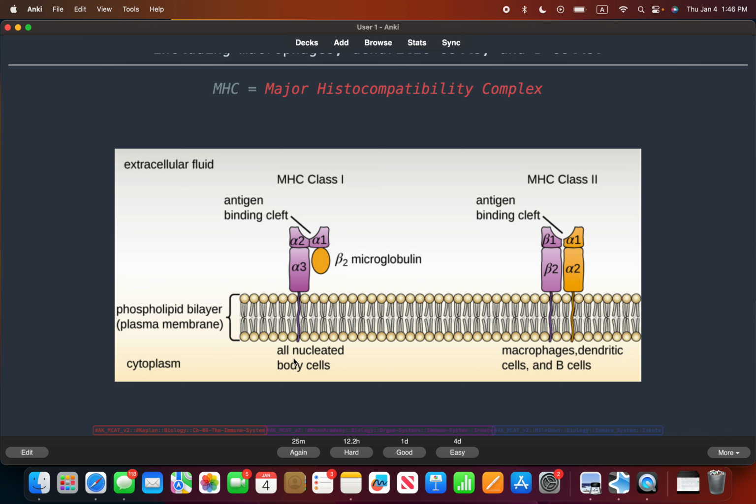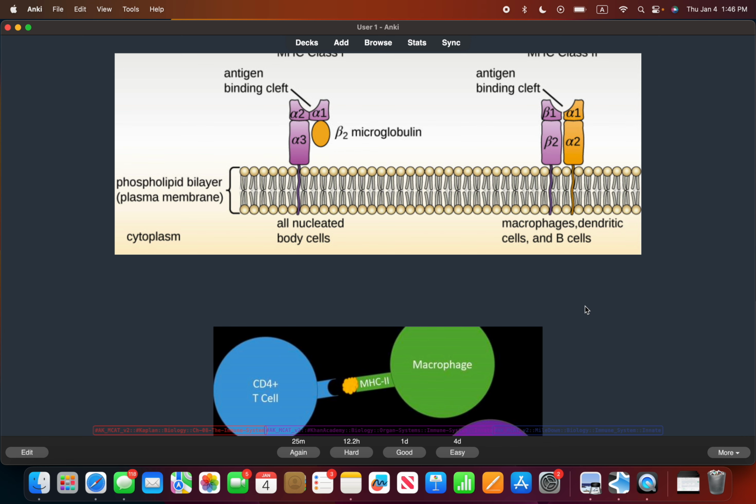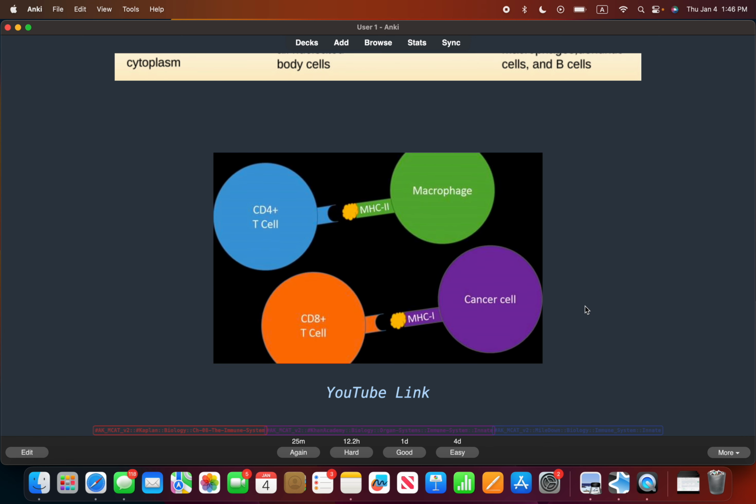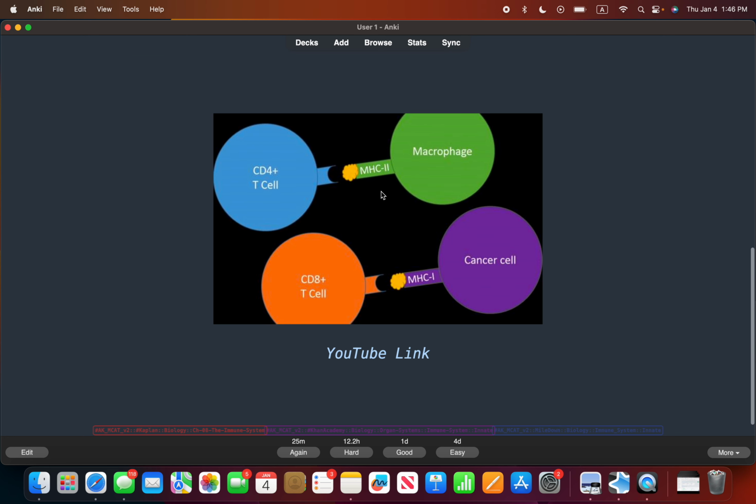Here we have all nucleated body cells, and MHC2 is for macrophages, dendritic cells, and B cells. MHC1 is between the cancer cell and a CD8 plus T cell, but MHC2 is between the macrophage and a CD4 plus T cell.